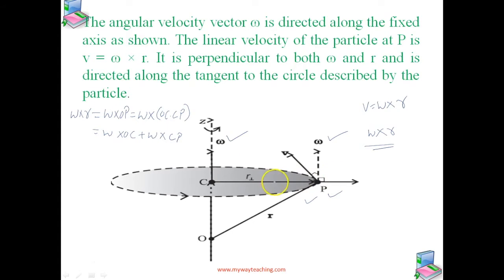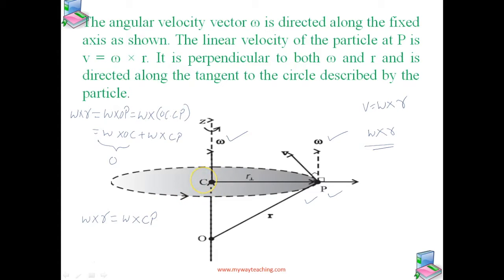But w and OC both lie in the same direction. Therefore, w cross OC will become 0.